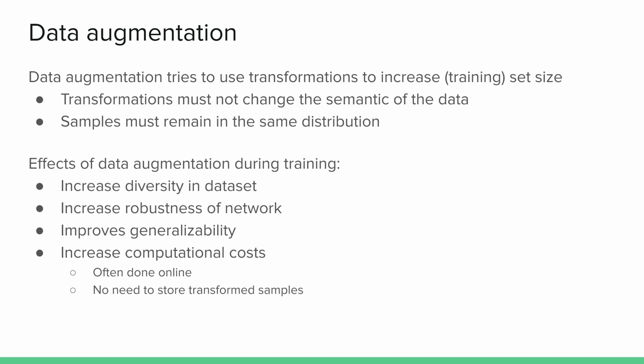The effects of performing data augmentation can be observed as follows. We can increase the diversity in our dataset. If you think of an image that is only recorded at a perfect angle and then you start rotating it, our network will learn how to cope with images that are slightly rotated because it has seen them during training.